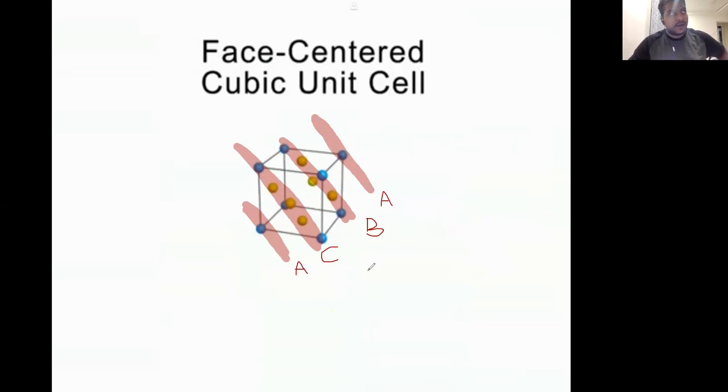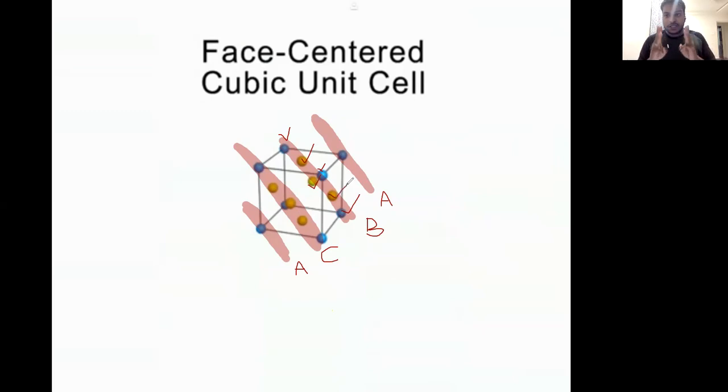Okay. What you need to notice carefully, students, is this first layer is only occupying one corner of a unit cell, right? The first layer is occupying one corner of a unit cell. The second layer, if you observe carefully, is occupying 3 corners and 3 faces.